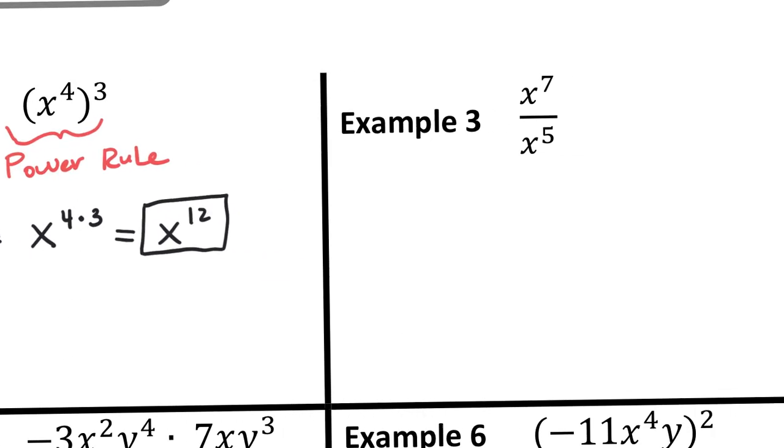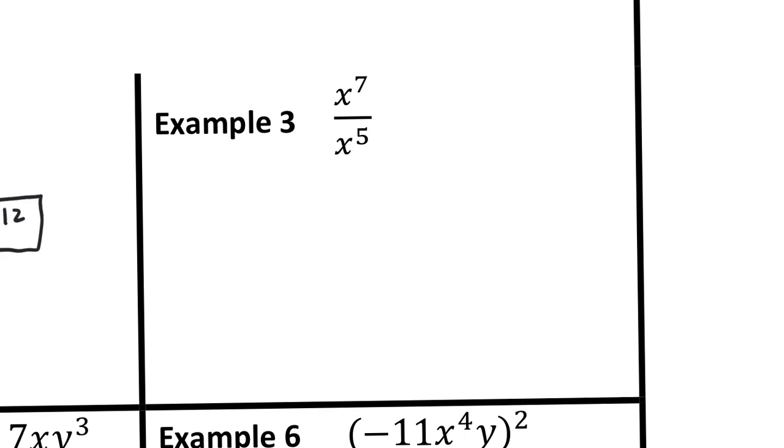Let's look at example 3. This is a quotient rule situation. So we have x to the power of 7 divided by x to the 5th.